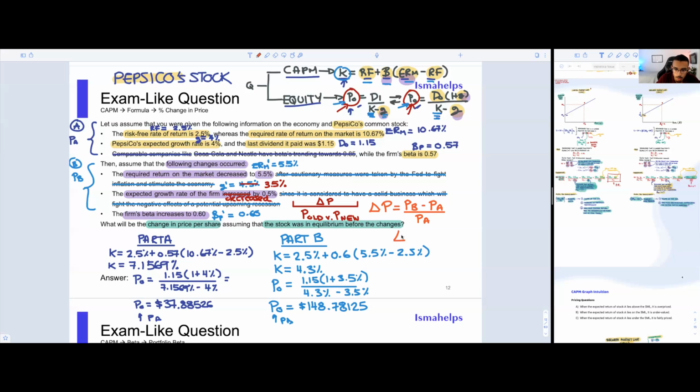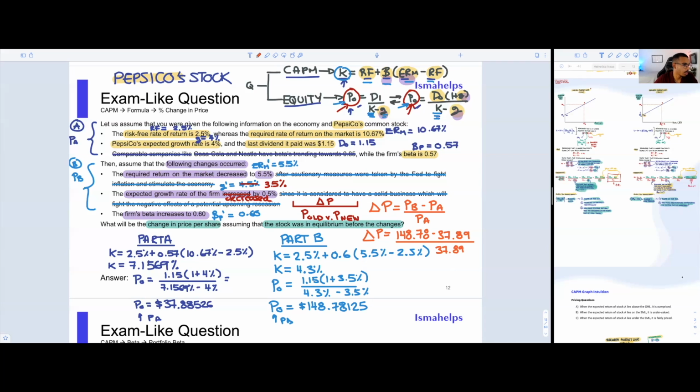Such that the change in price will be equal to 148. At this point, I'm going to just round it up, minus, I guess I'll have to move it just a little bit. There you go. Just like that. Minus 37.89 over 37.89.